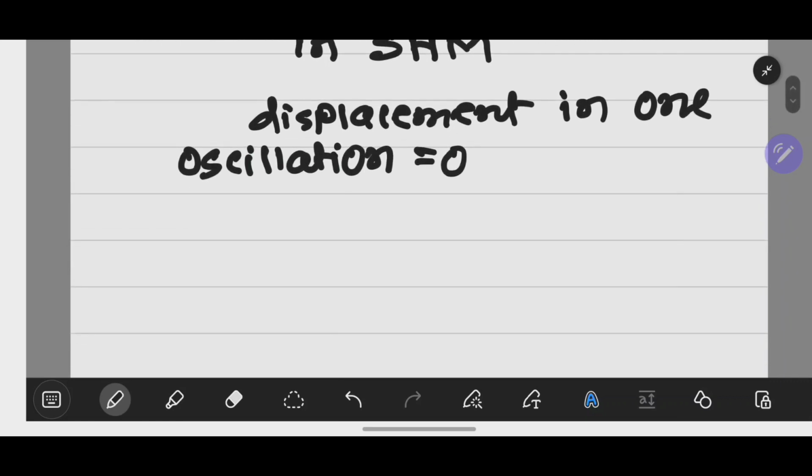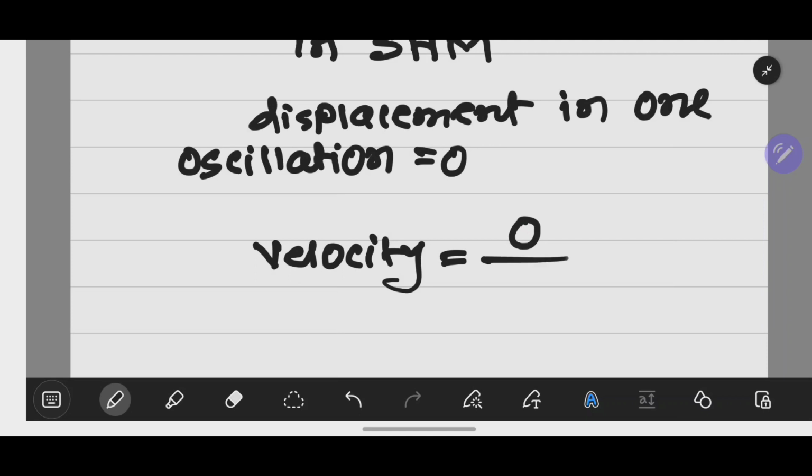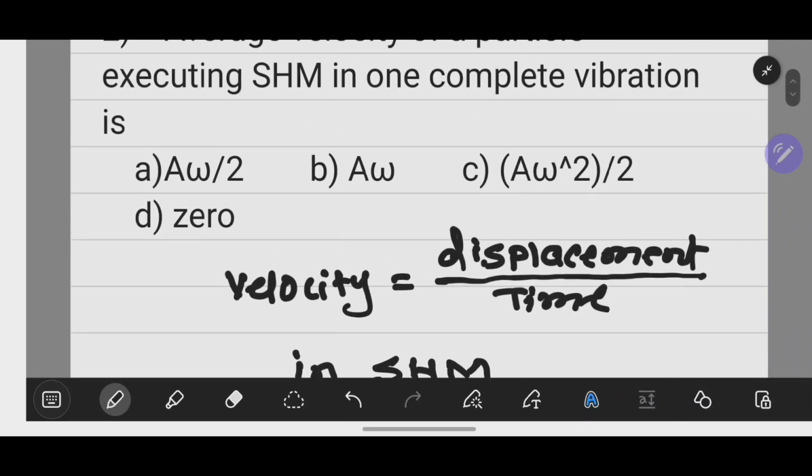So velocity is equal to 0 divided by time, displacement upon time, which is equal to 0. So we have the answer, that is 0.